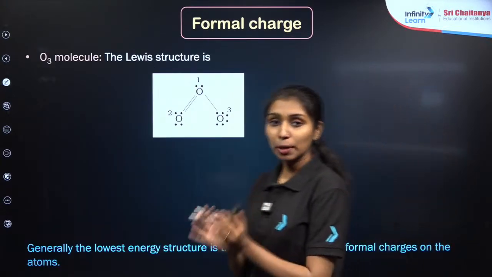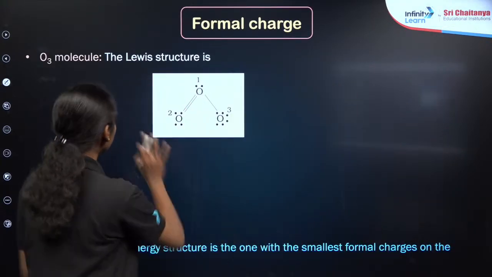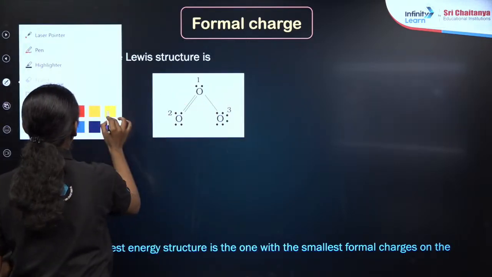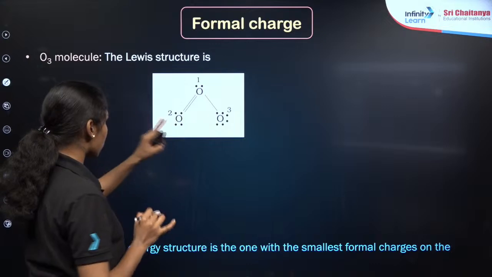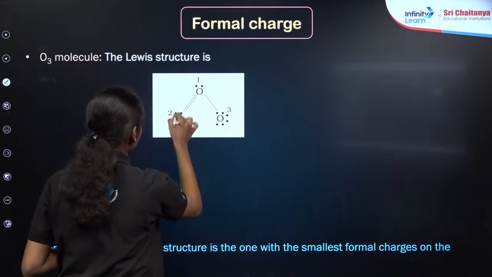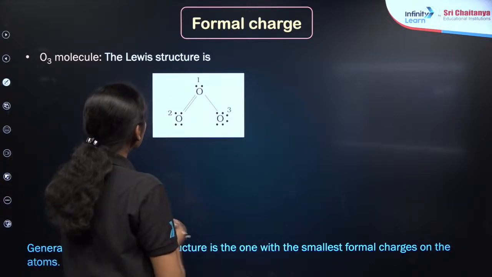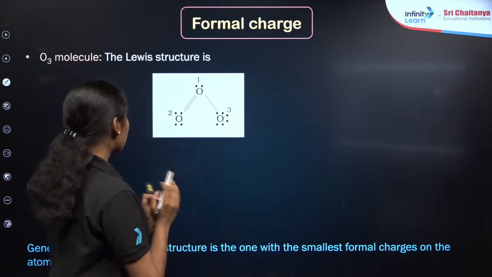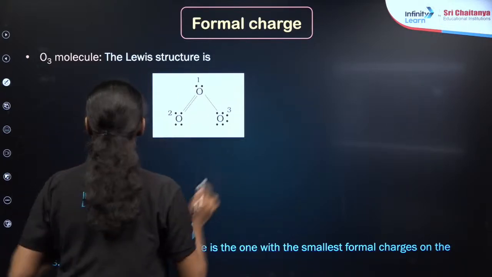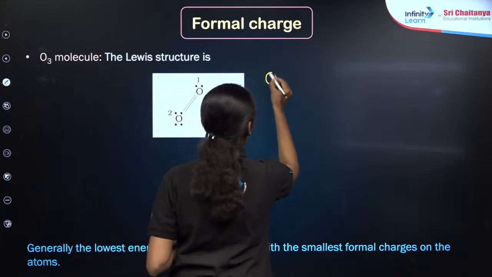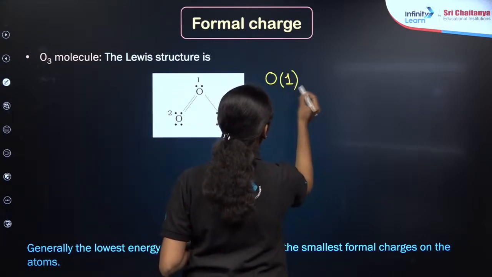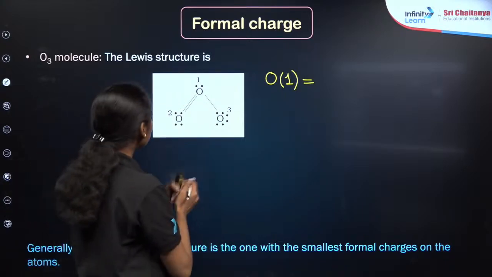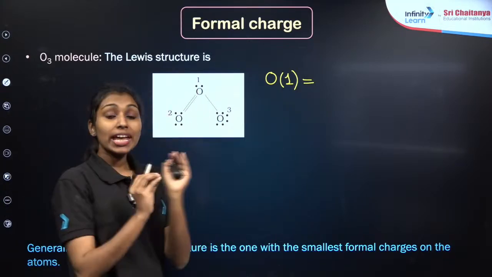If you take the example of the ozone molecule, this will be the structure of the ozone molecule. You can see here I am numbering the different oxygens. This is the first oxygen, this is the second oxygen, this is the third oxygen, right? Now we have to find out the formal charge of each oxygen atom present in the ozone molecule. If I take this oxygen atom, I will represent it as oxygen 1. What is the formula? First, you have to find out the total number of valence electrons in the free oxygen atom.